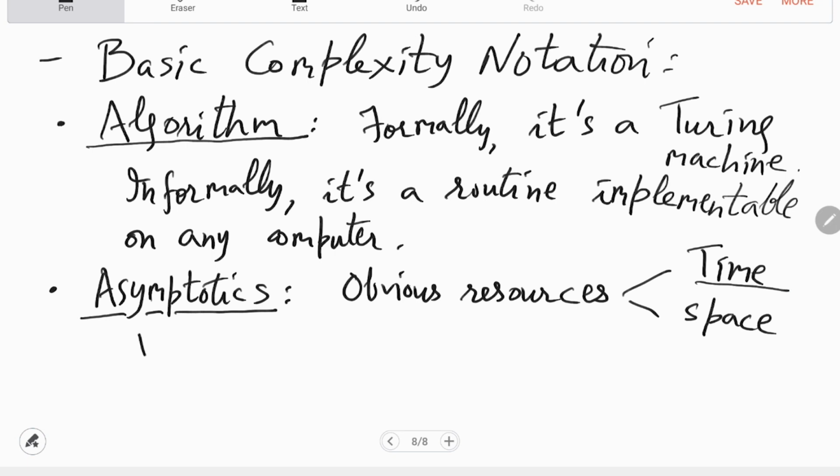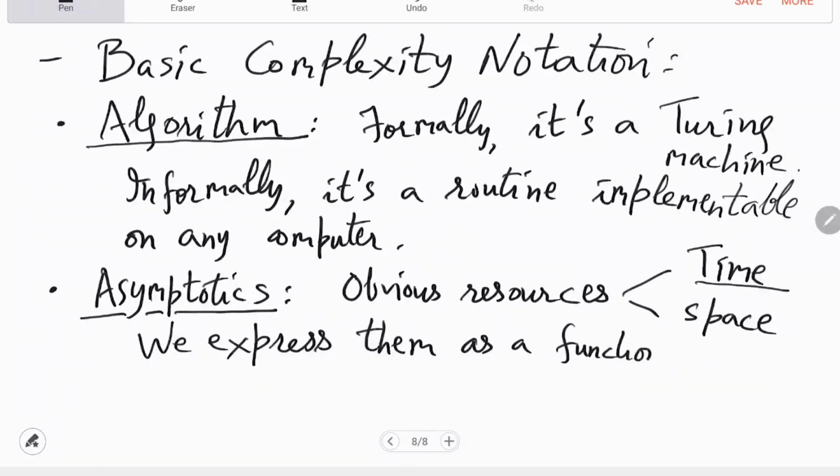So we express the resources spent as a function of the input size x.